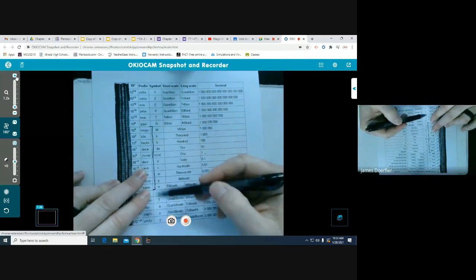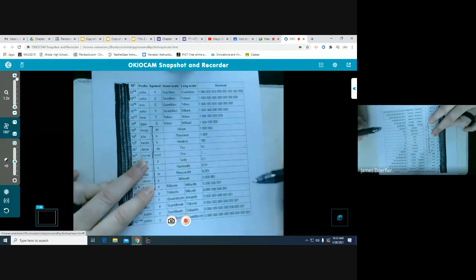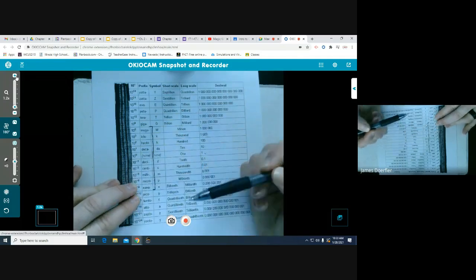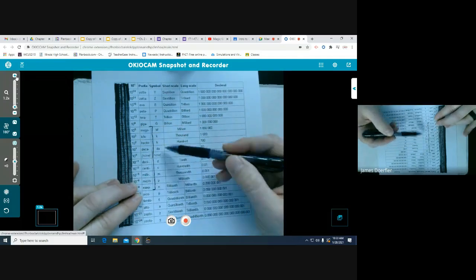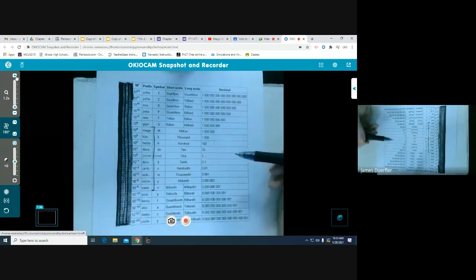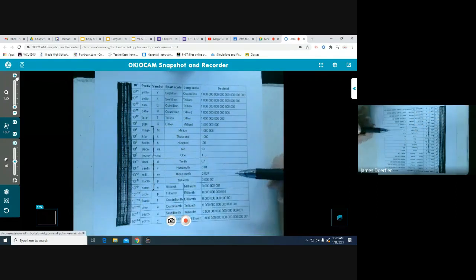But let's go below that. So let's go below the base where you're going to see deci, centi, milli, micro, nano. Okay. Again, get familiar with the symbols. Okay. So if you look at this, these are starting to become fractions of a whole base. Okay.